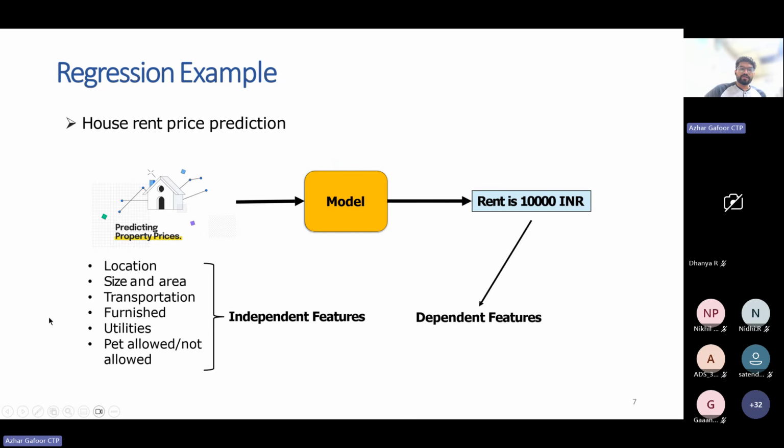A good location will have a higher price. If you are living in a city and transportation facilities like the metro are nearby, then it will naturally attract a higher price. All these matter whenever we are predicting property prices.